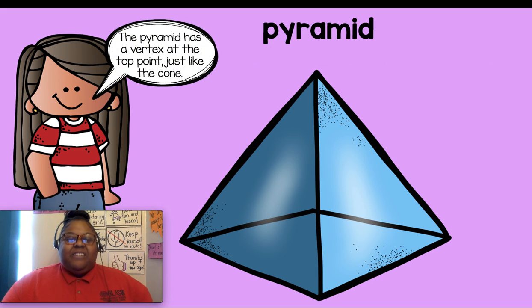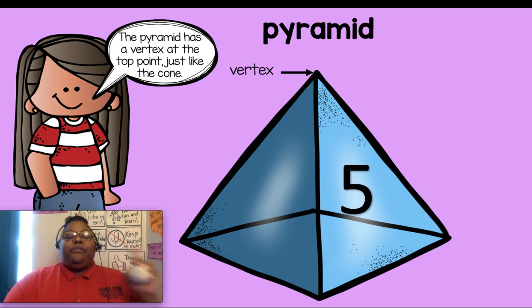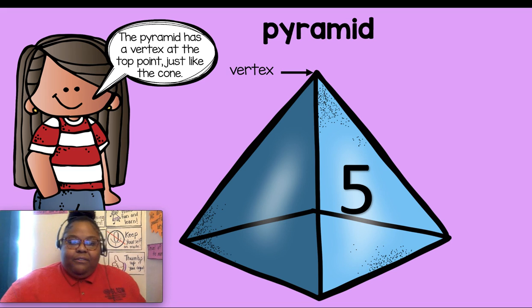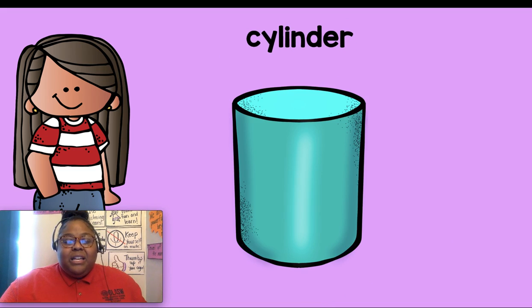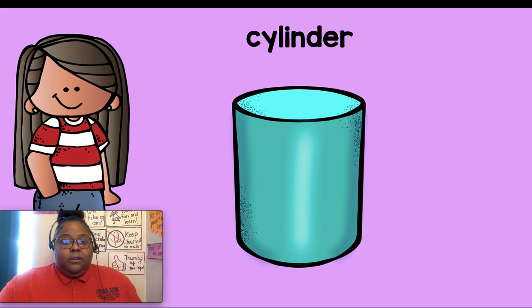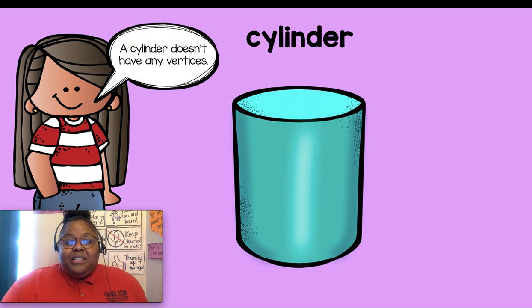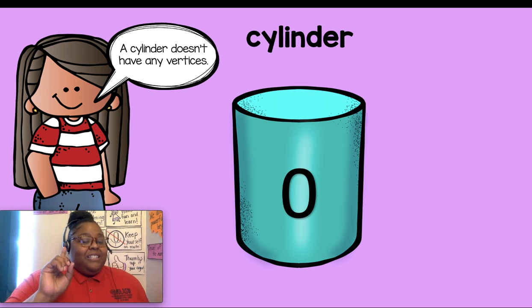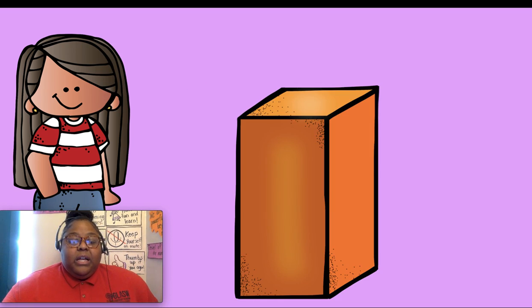The pyramid has a vertex at the top point, just like a cone. All together, though, it has 5. How about the cylinder? How many vertices does a cylinder have? A cylinder doesn't have any vertices. The answer is 0.